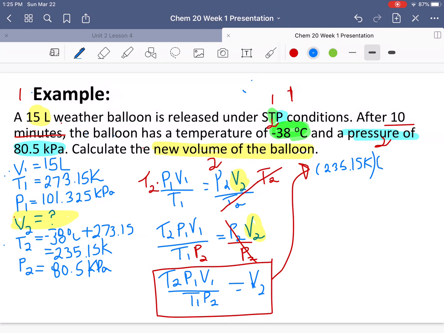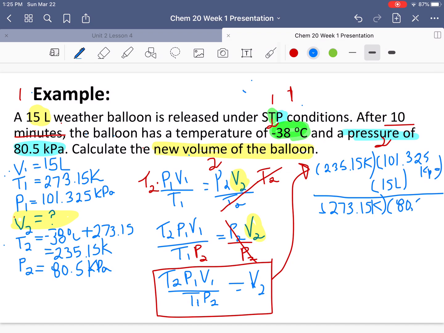Really watch your ones and your twos here, guys. 101.325 kilopascals, and I'm going to run out of room on the top there. So this is technically on the top, times my 15 liters. All of that multiplied together is divided by the first temperature, which is 273.15 Kelvin, and our final pressure, 80.5 kilopascals.